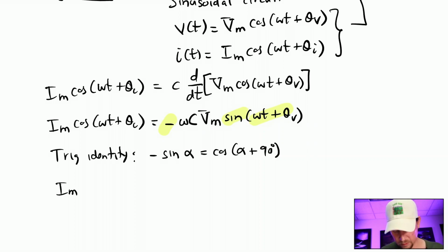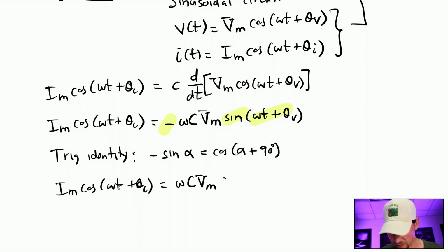So this whole equation can be rewritten, with the absorption of the minus sign, as omega C V_m times the cosine of omega t plus theta_v plus 90 degrees.